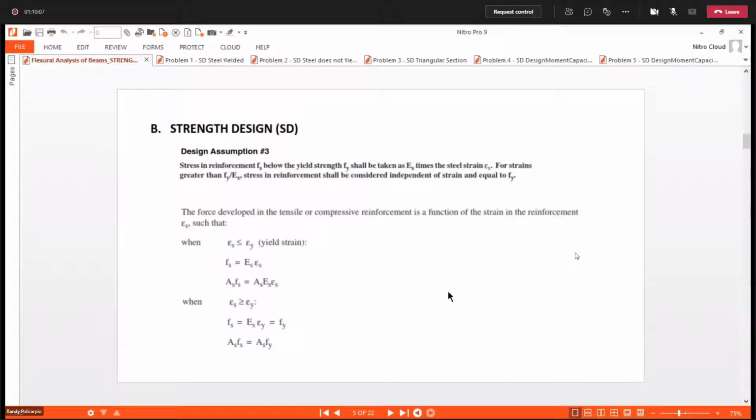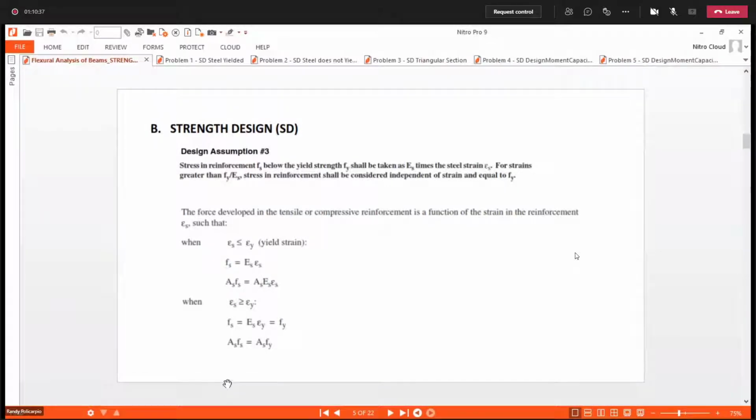Okay, so the third design assumption. As I mentioned a while ago, it says here: stress in the reinforcement Fs below the yield strength Fy shall be taken as Es times the steel strain epsilon s, for strain less than Fy over Es.